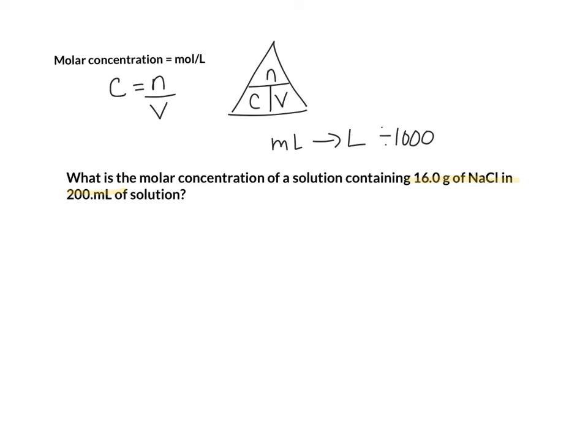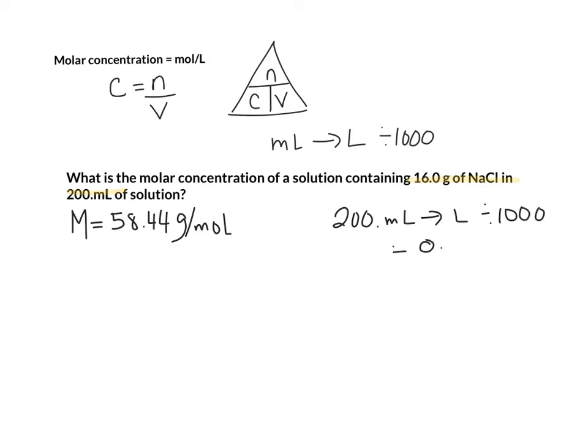So the first thing you need to do is calculate the molar mass of sodium chloride so that you can calculate moles. It's 58.44 grams per mole. And we have to change milliliters to liters. So we're going to divide by 1,000.